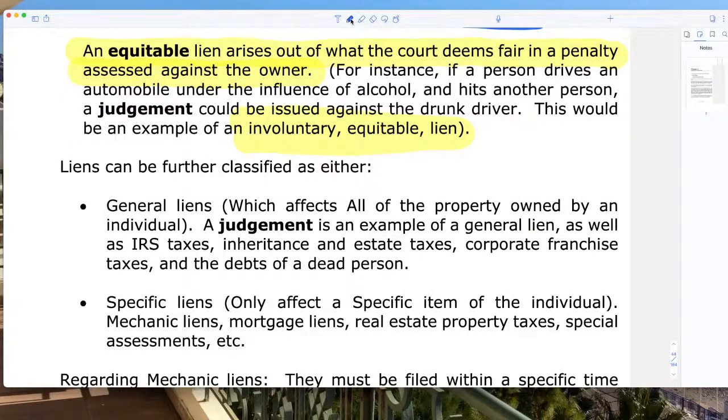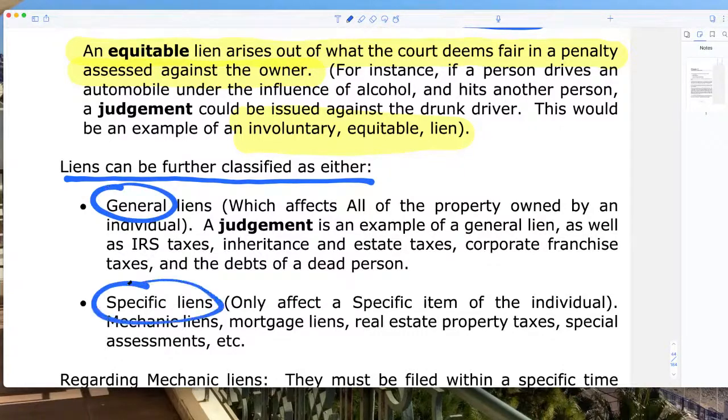Now, notice that liens can further be classified as either general liens or specific liens. Don't make this too complicated, because what you need to understand is that general liens affect all, I'm going to say that one more time, all of the debtor's property.